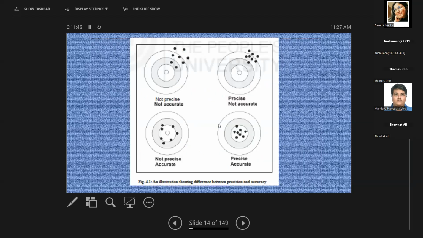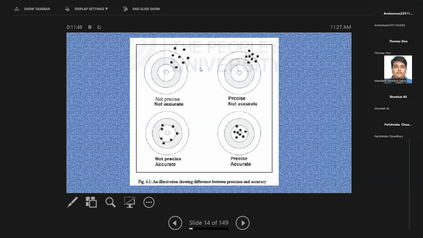You can understand these two terms well in this figure, which I am showing with my pointer. Here, it is neither precise nor accurate. But here it is precise: you have repeatability of the data, but the true value is here, so you don't have closeness to the true value.